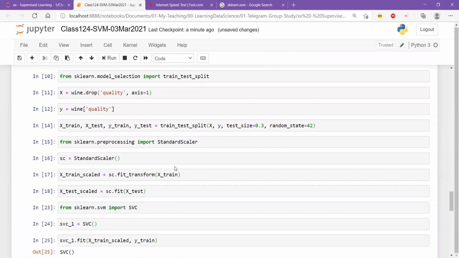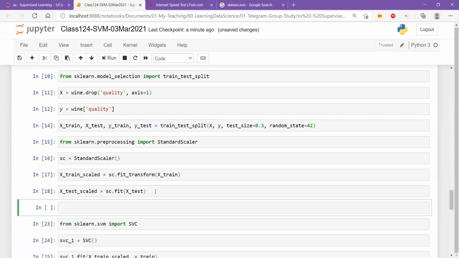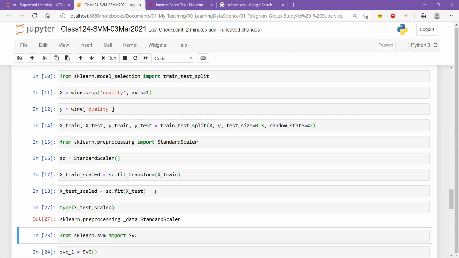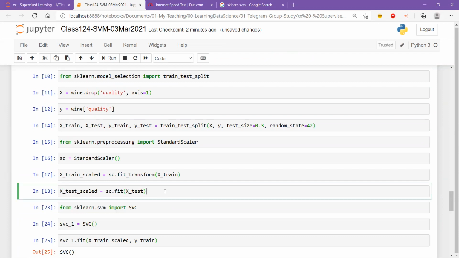But this is not a standard scaler item, my friend. I believe I'll have to convert this. Give me 1 minute. Let me just see.